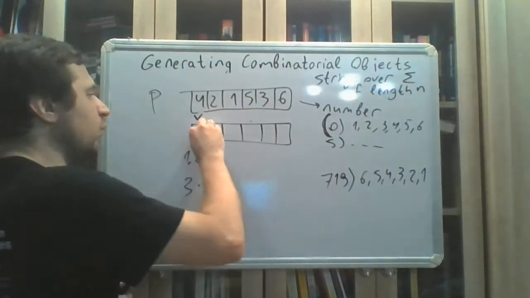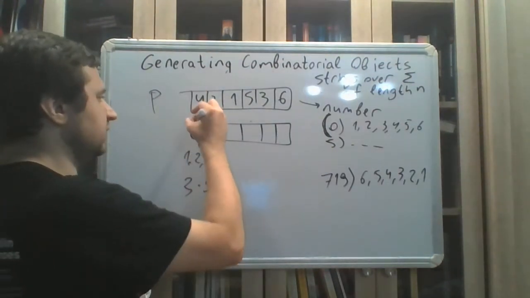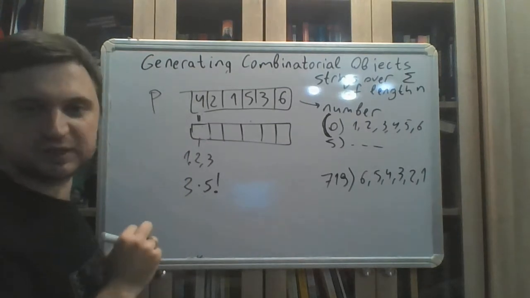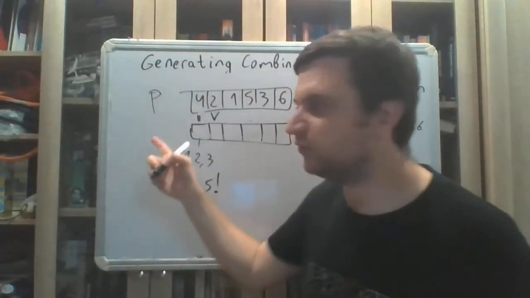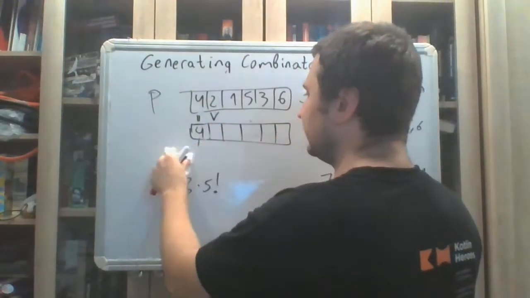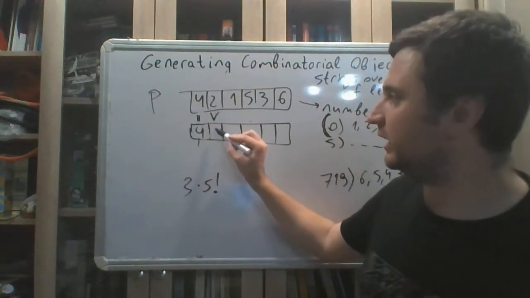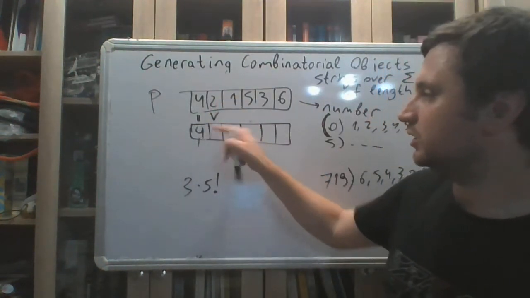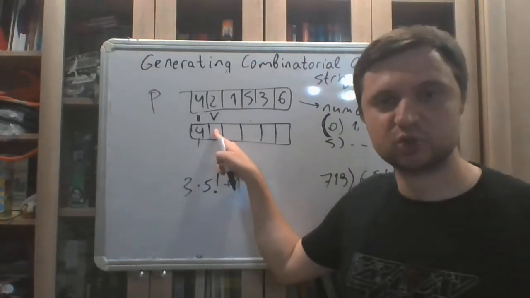Okay. Well, there is another way to be smaller than p, which is to be equal in this position and to be smaller in the second position. Well, if we are equal here, we have a 4 over here. And if we are smaller than 2, then definitely we have a 1 over here. So there is one possibility for the digit over here.